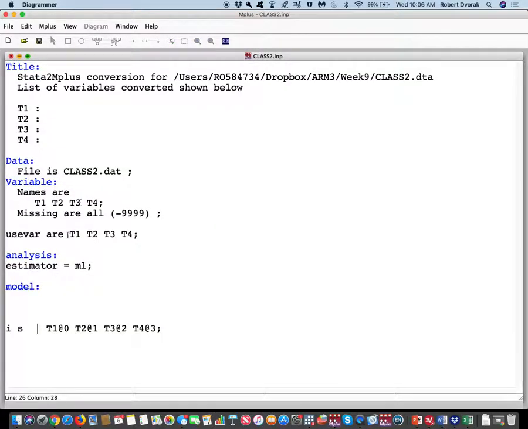We are going to come in and we are going to add a quadratic slope. Now, we could do this one of two ways. We could do something like this. We can go I by, and then fix each one of these to 1, right?